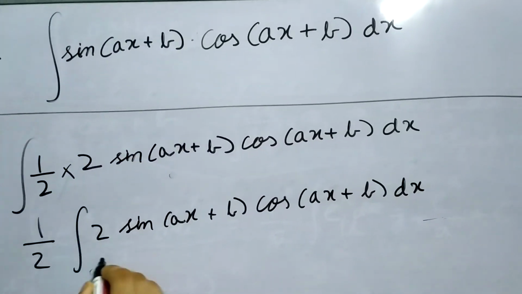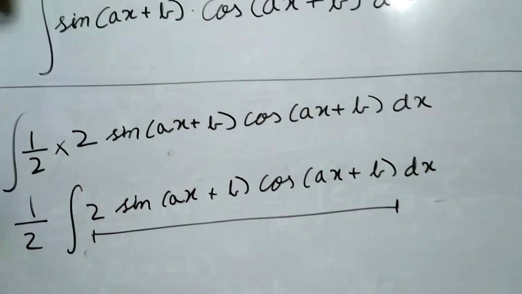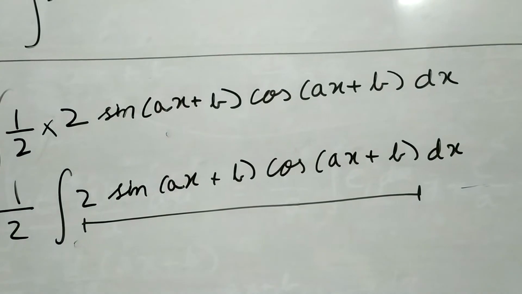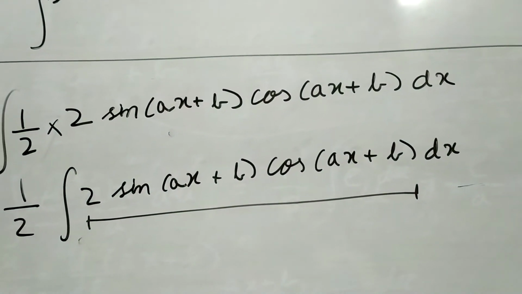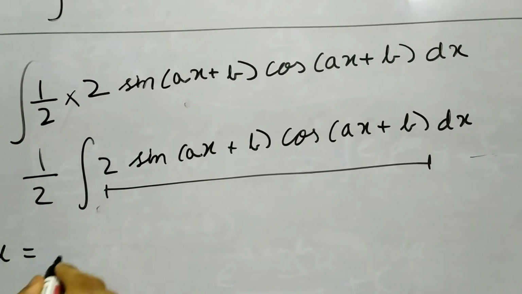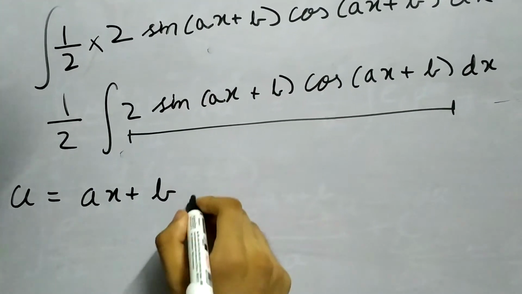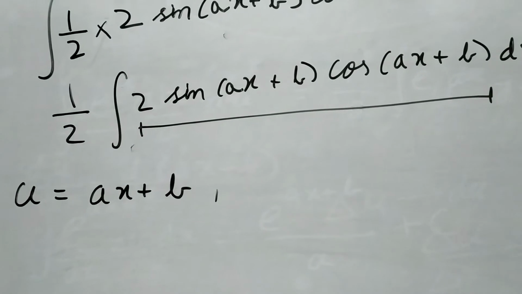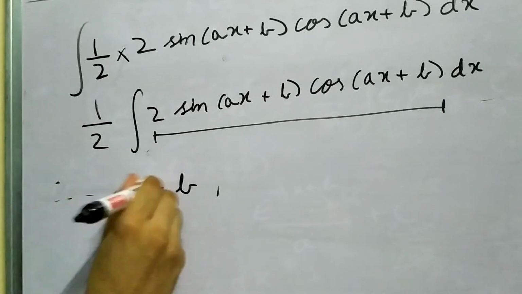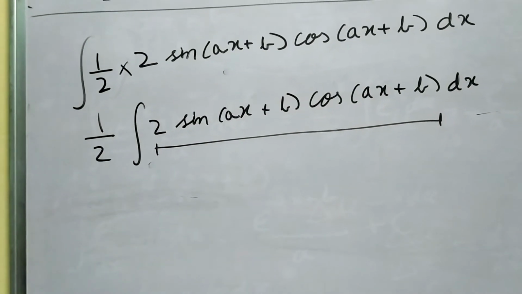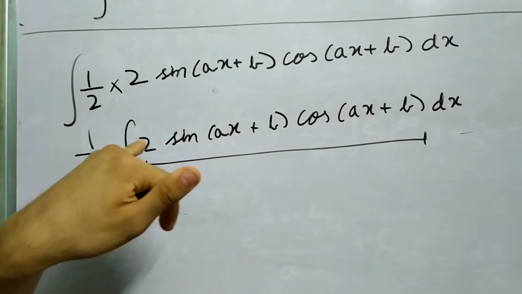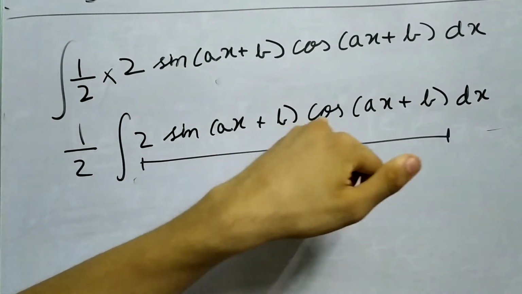Now this thing should remind you of a trigonometric identity. We are left with 2 sine of something cos of something.